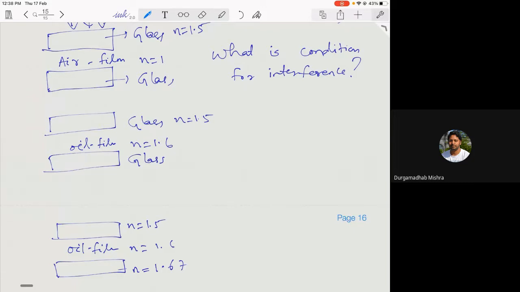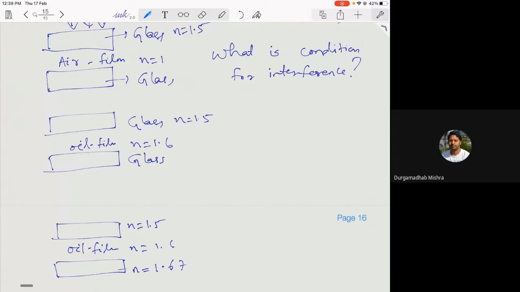What do you think would be the condition for interference in these 3 cases? Think a little bit, a couple of minutes, and answer. You can answer with the first one if you know already. Is the question clear? Yes, sir. Okay.